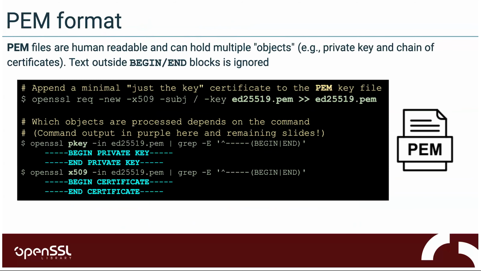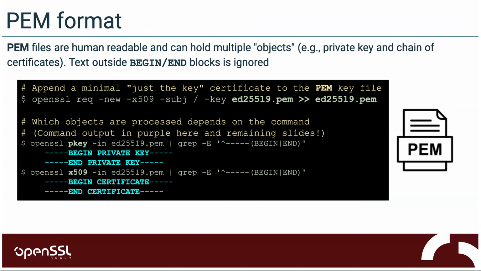Okay. The outputs of many of the OpenSSL commands are written in a file format called PEM. PEM files are largely human readable, at least you can tell what kind of thing is in them. And PEM files can hold a number of different or repeated variants of the same object.